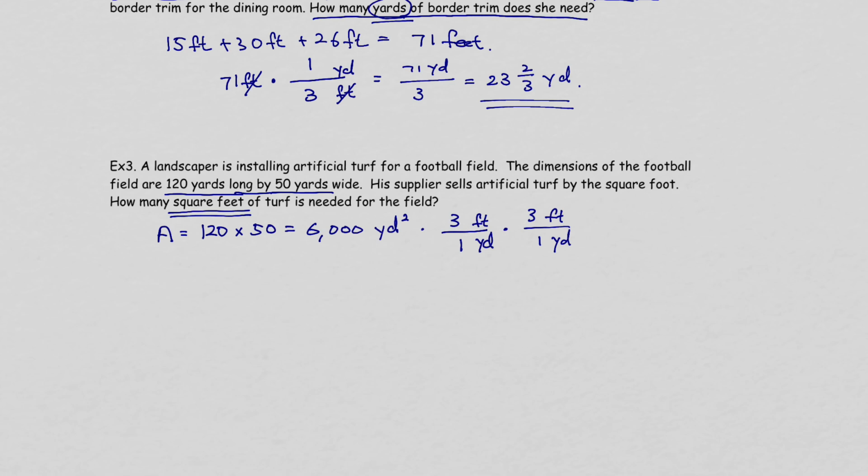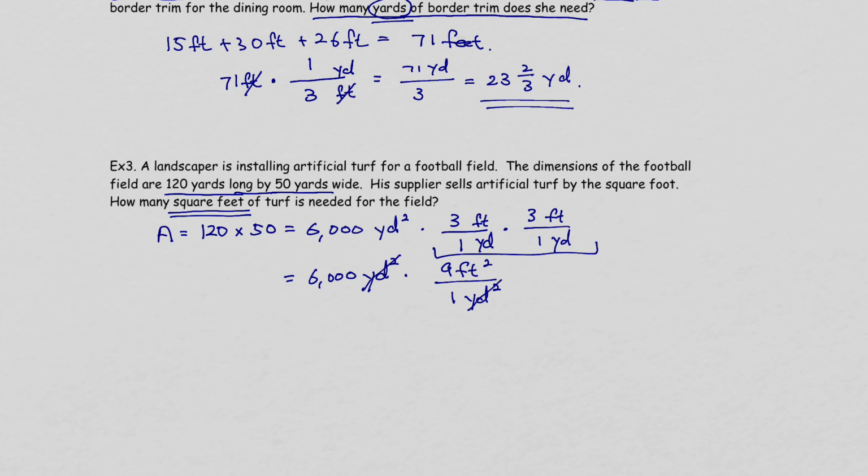So this is going to be same as 6,000 square yard times, when you multiply these 2 fractions, you get 9 square feet over 1 times 1 is 1 square yard, right? That way you'll be able to get rid of square yard.